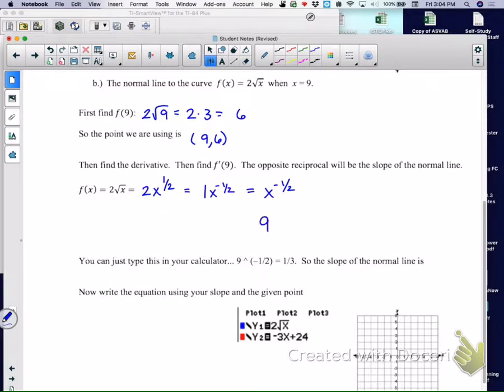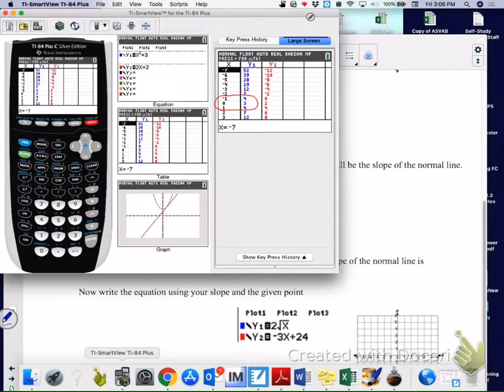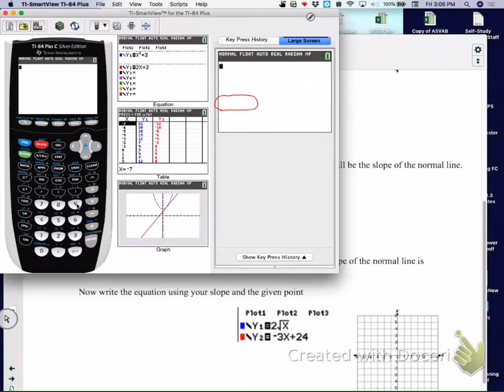So we're going to take 9 to the negative 1/2 power. You can type that in your calculator, again, just like that. Make sure you put the power in a parenthesis, and we'll end up with 1/3. Now, it won't give that actual 1/3 to you, so there's really 2 ways we can handle that here. Go back to the calculator here. If I type that in, 9 to the negative 1/2 power.